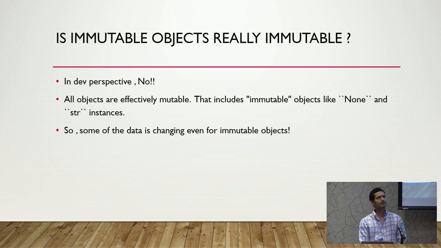Like when I create a string, I will say that for the whole life cycle, when my runtime is up, its memory location will be the same and it is immutable. That's what we think, right? Till this PEP came. So actually all objects are effectively mutable because of that data structure. Hope I am able to clarify that.